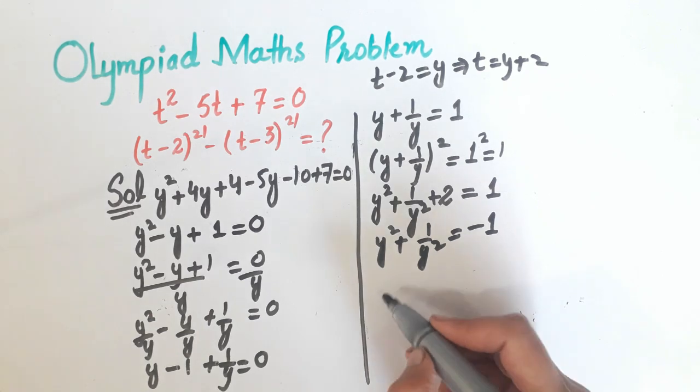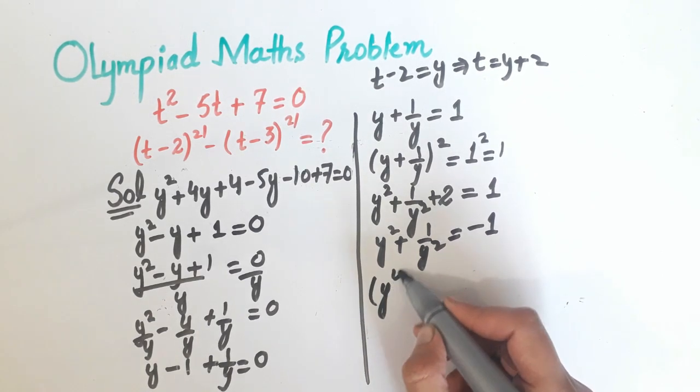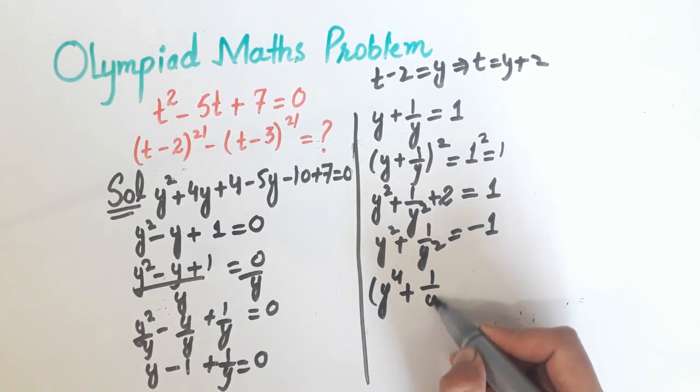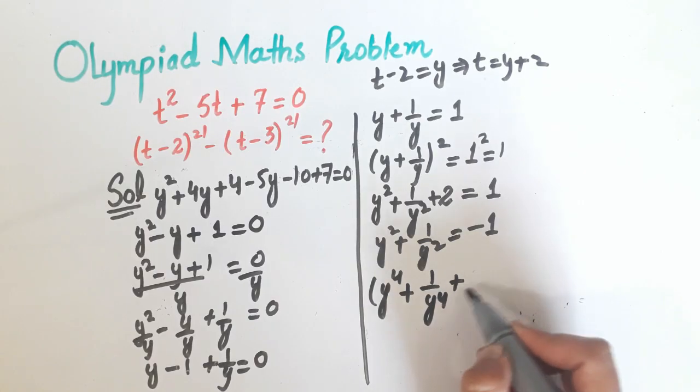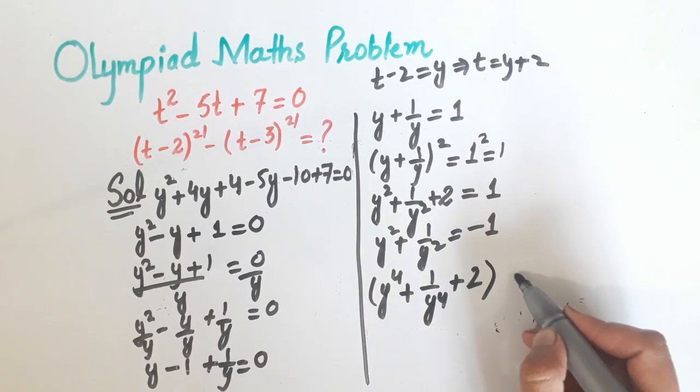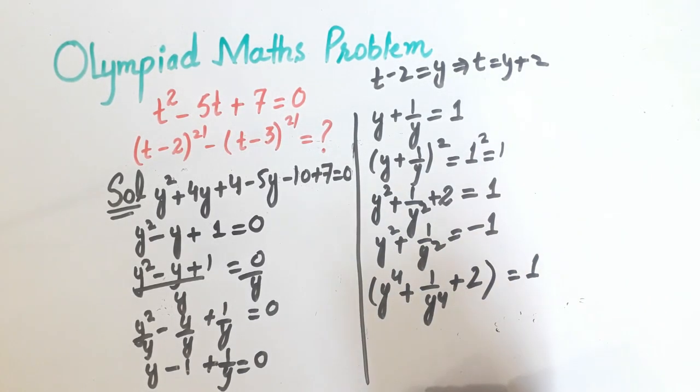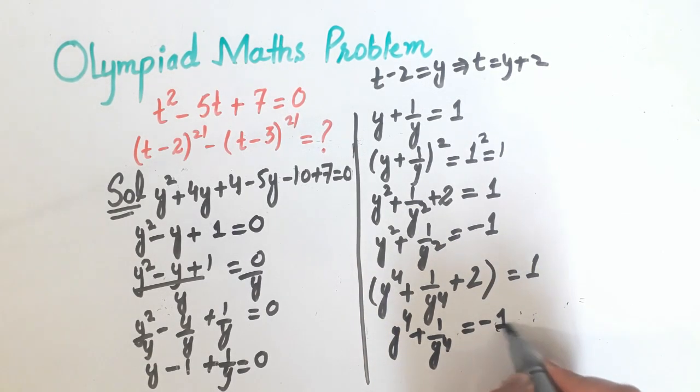Then again take square on both sides. So we get y4 plus 1 by y4 plus 2 equals 1. Again it will be minus 1. So y4 plus 1 by y4 gives minus 1. So you have to find the value of y21.